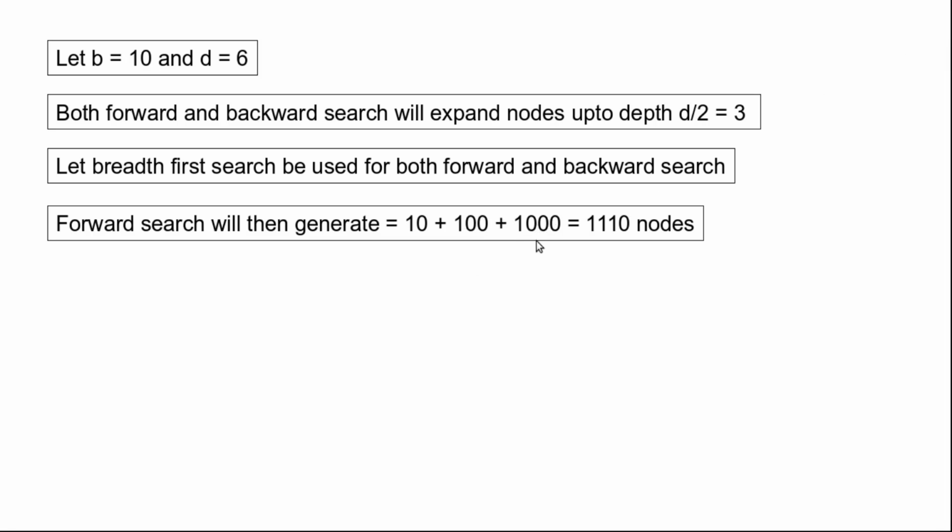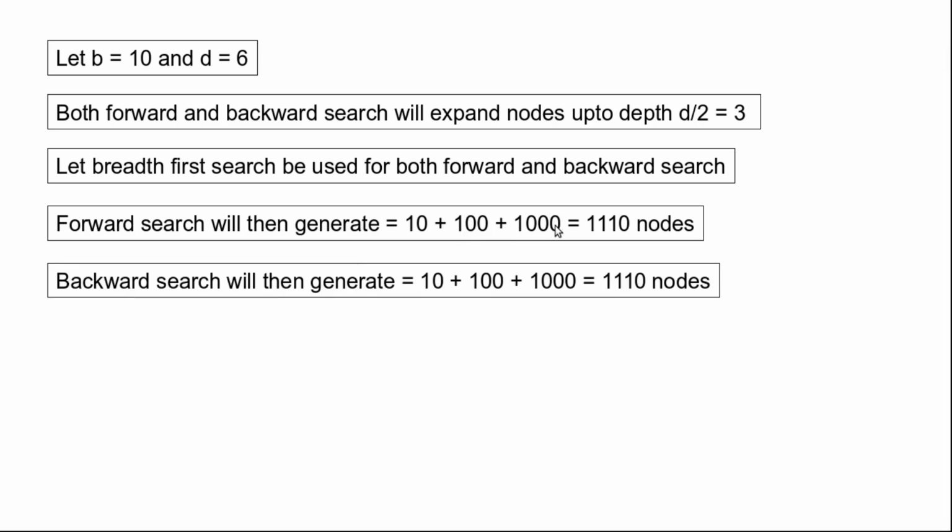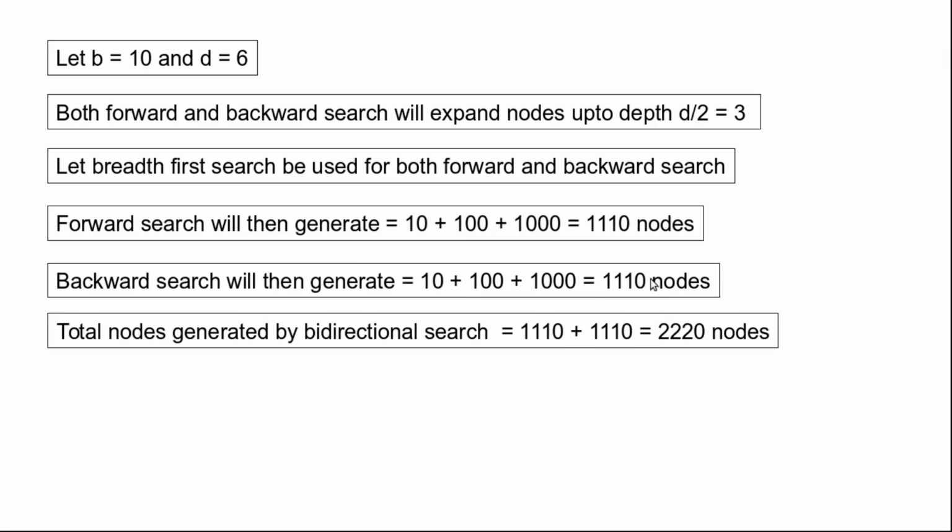In depth 3, the total will be 1000, because in the previous depth we had 100 nodes, and since the branching factor is 10, it will be 100 into 10, 1000 nodes. In the same way, the backward search will also generate 1110 nodes. Hence, in bidirectional search, the total number of nodes generated will be 1110 plus 1110, that is 2220 nodes.